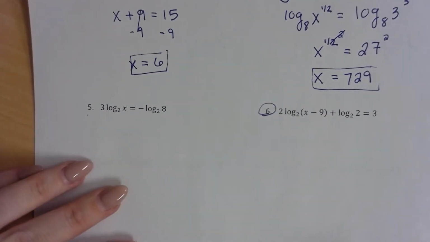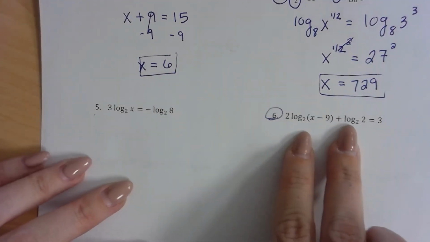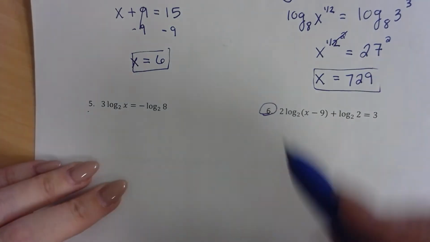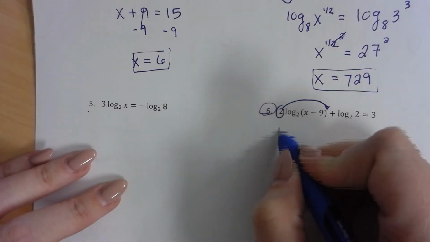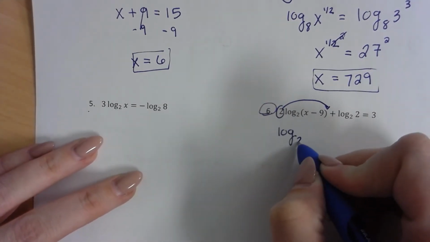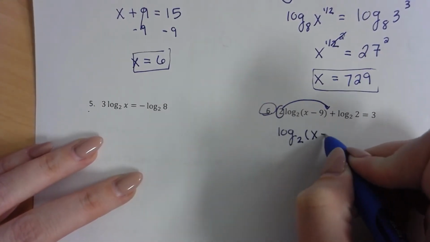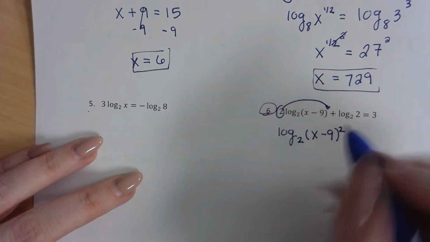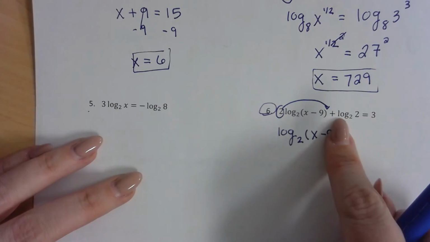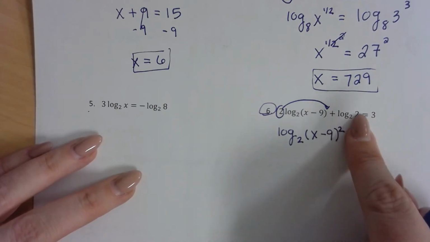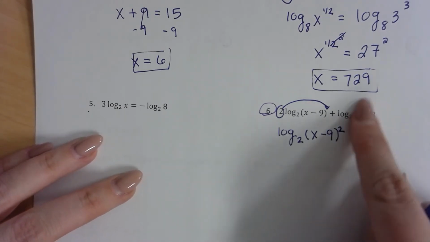So on example 6, now this time we don't have logs on both sides. We're adding the logs. So the first thing we're going to have to do is move the 2 to be an exponent. So we've got log base 2 of x minus 9 squared, because the 2 becomes the exponent. And then we learned on the last page that if we have log base 2 of 2, right, 2 to the what gives me 2?